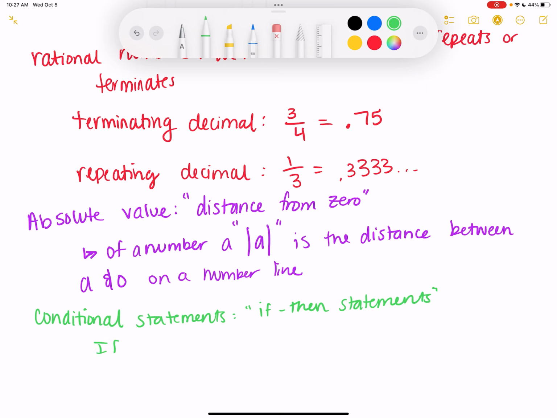The if part is the hypothesis. The then part is the conclusion.